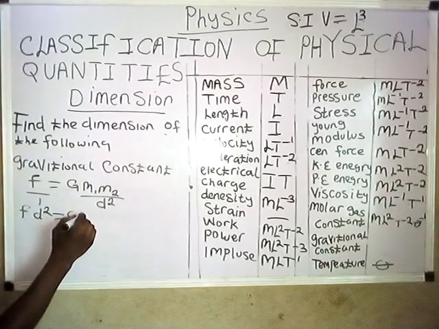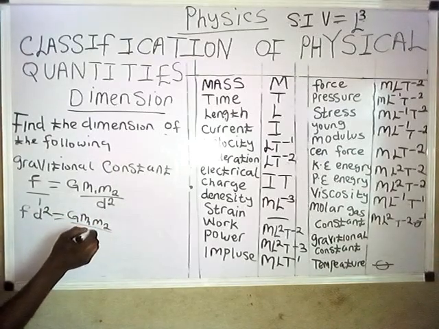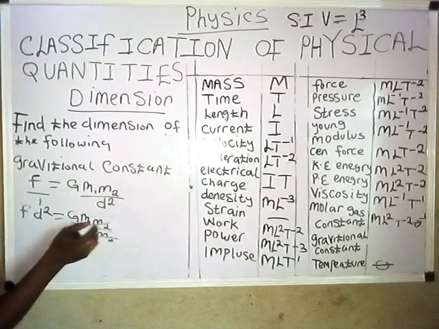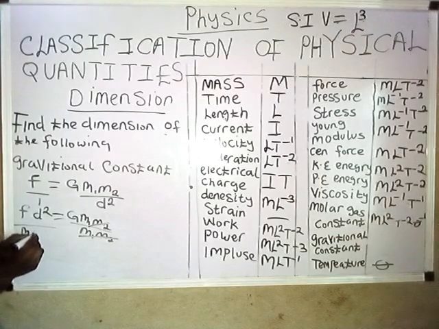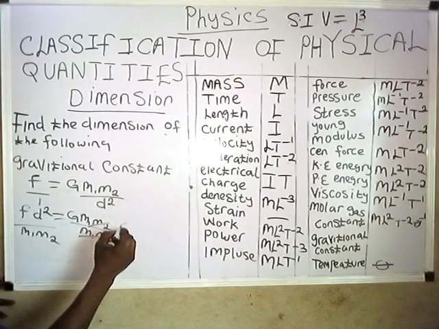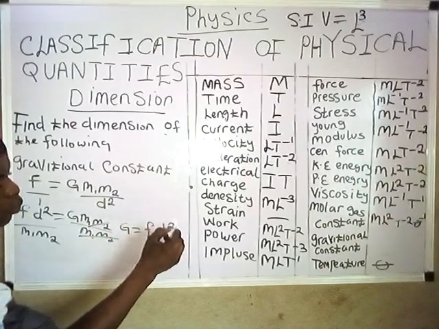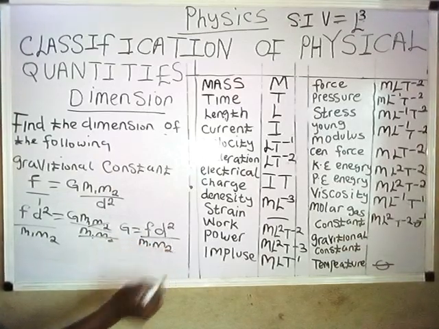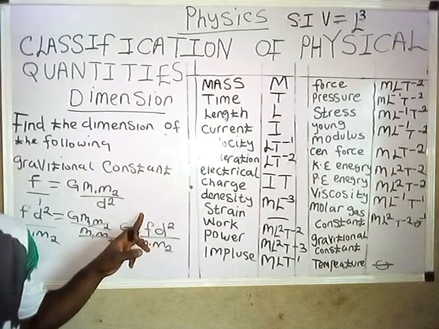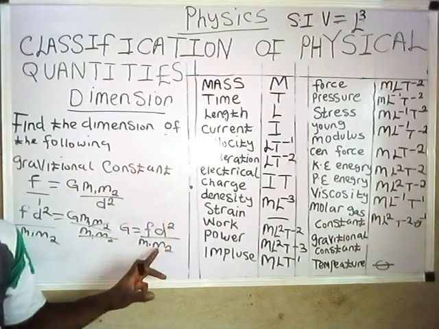Dividing both sides by m1 m2, G equals F d squared over m1 m2. Here F is force and d is length squared.